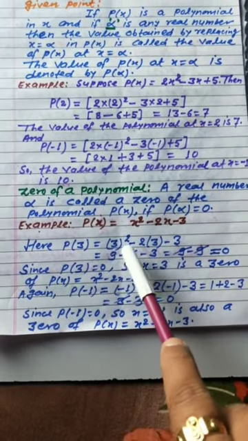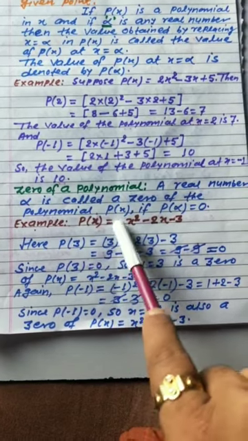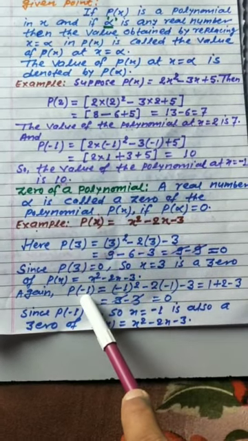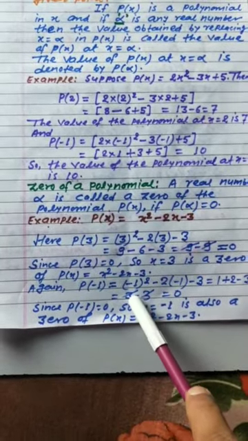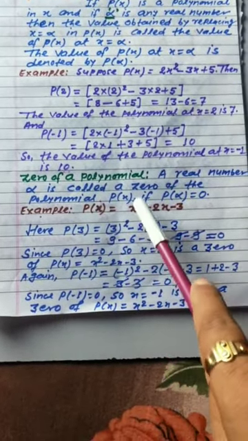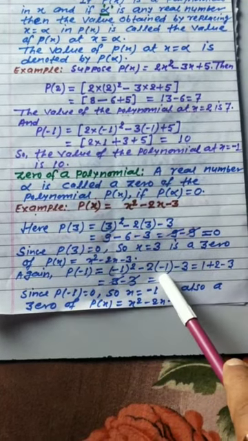Now again, let us find the value of this polynomial at x is equal to minus 1 and see what happens. We replace this x by minus 1, and the other x also by minus 1.